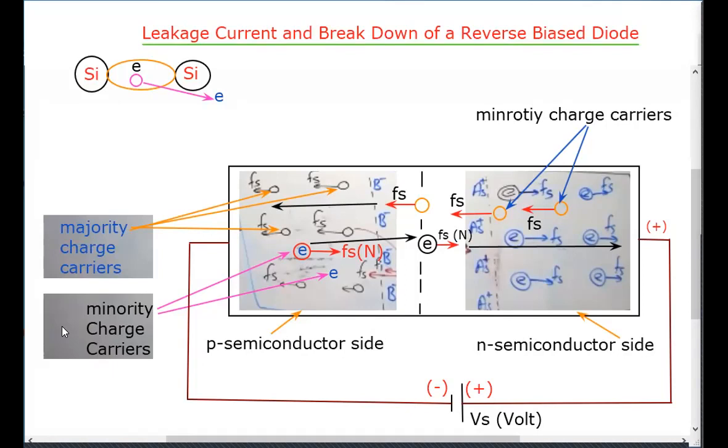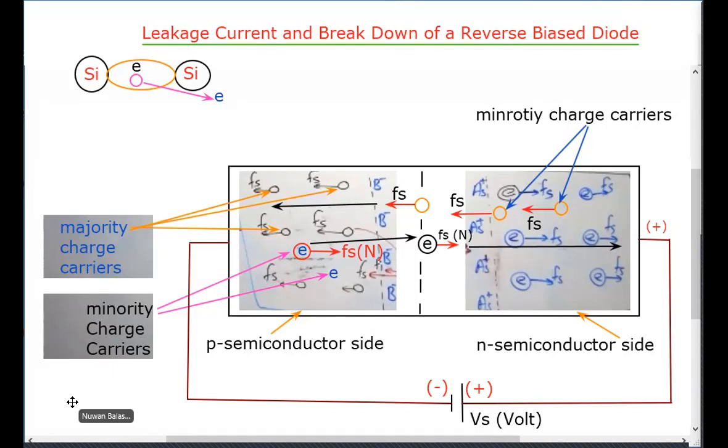As holes are positive charges, the direction of the current created by them is N to P. Therefore, a leakage current is formed through the diode even due to the holes in the n semiconductor side. Thank you, dear. Thank you very much.